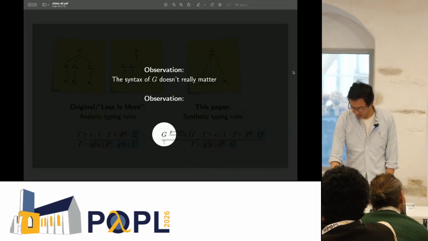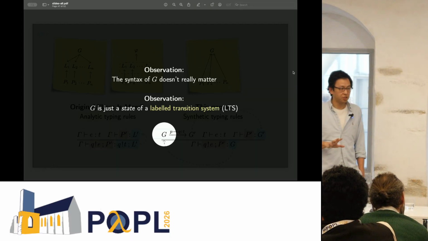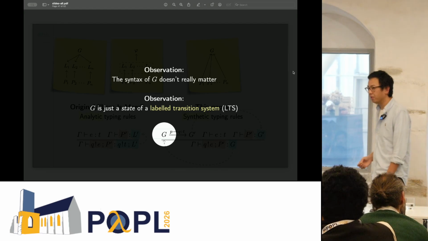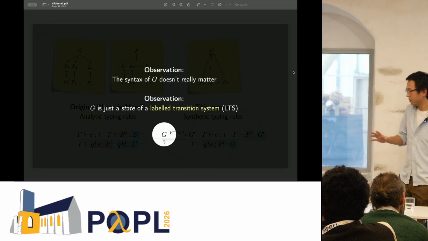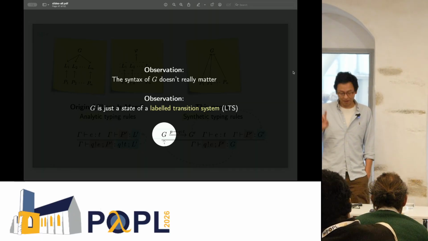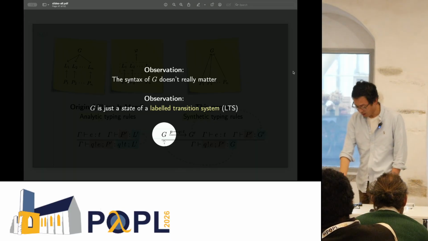And then the follow-up observation is that if we don't care about the internals of G, then we can basically just treat it as an opaque state of a label transition system. And once we made that observation, we thought, okay, that's kind of nice. Can we formulate the whole meta theory in terms of arbitrary label transition systems?